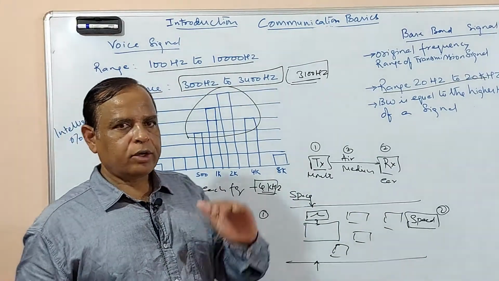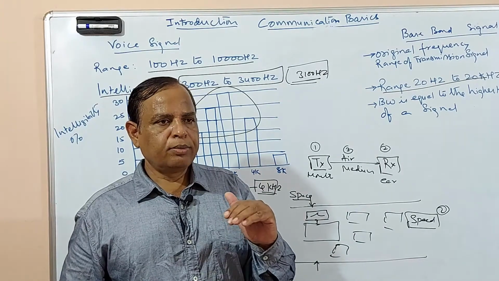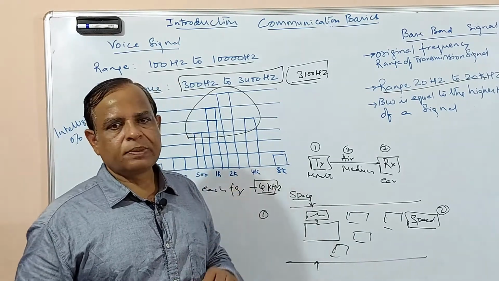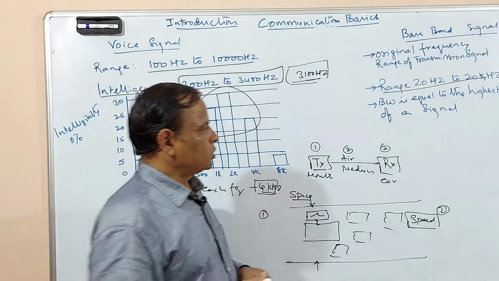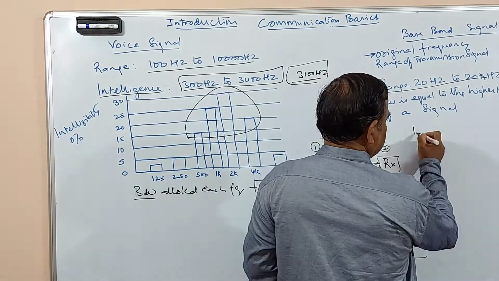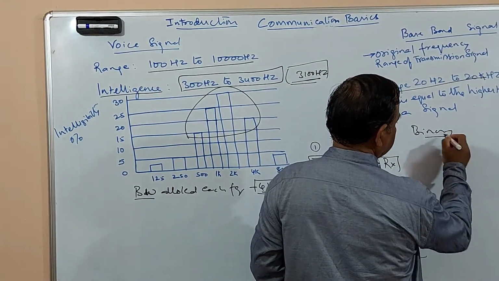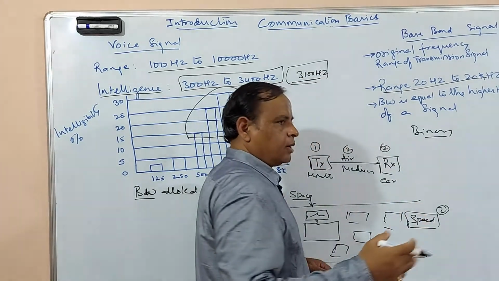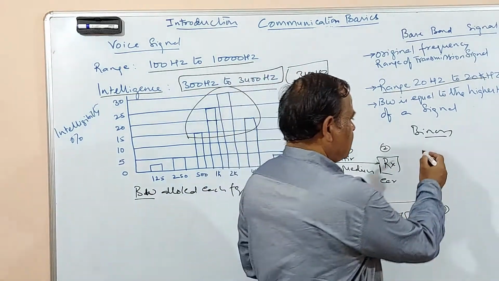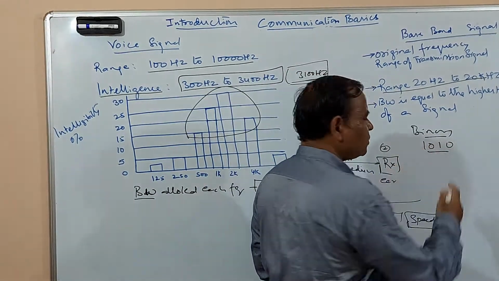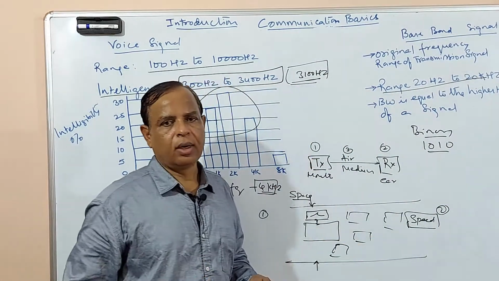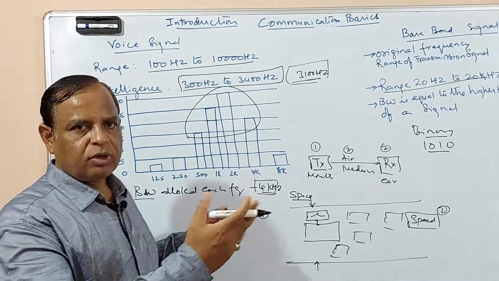But when I talk about digital communication, when you listen to the word digital, you will be hearing the term binary, isn't it? Any information is represented in the form of bits, either 0 or 1. So a series of bits will be there.